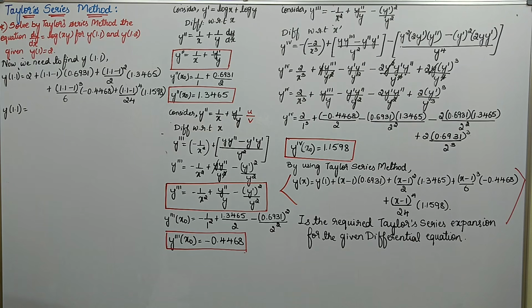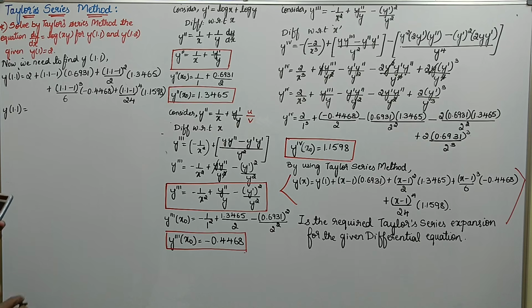Plus numerator denominator again, (1.1 minus 1) whole to the power of... okay, since it is not taking values, just let us press equals. Plus (1.1 minus 1) whole to the power of 4 divided by 24 into 1.1598, close the bracket.